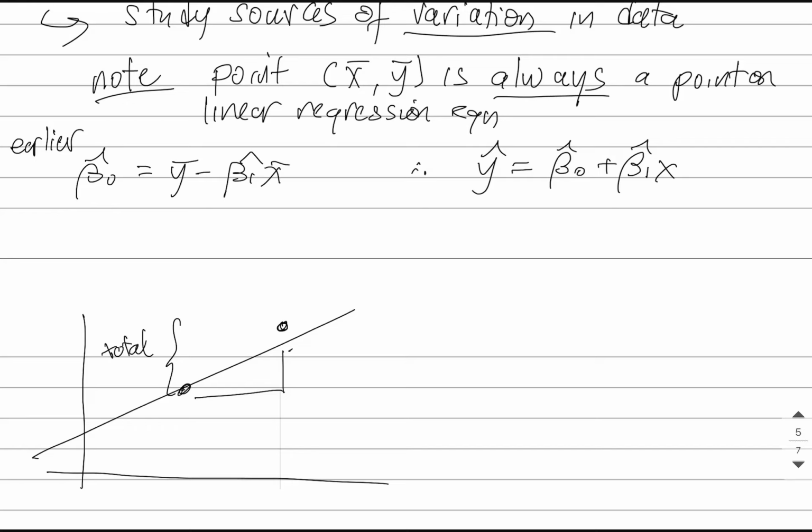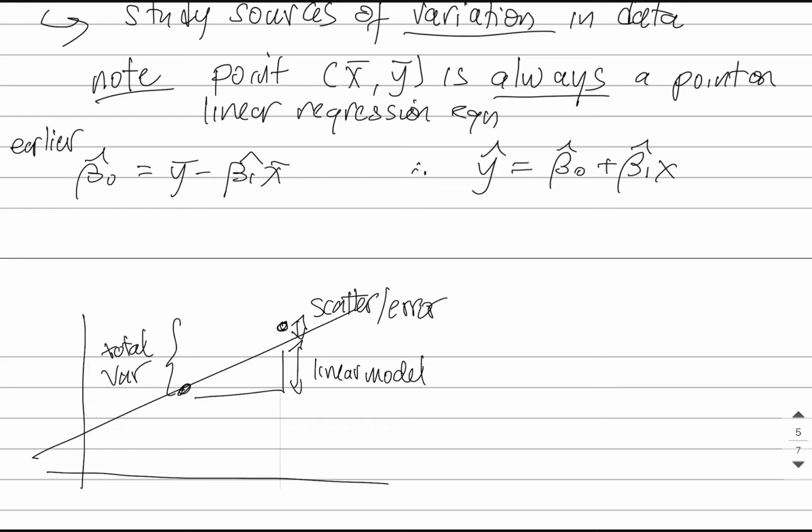Some of that variation is due to the linear model, right? We're expecting the y values to change because they are linearly related. And then some of it doesn't come from that, and this is scatter, or you could think of it as error from the model. So the total variation is made up of some linear portion and some error portion, or scatter portion.